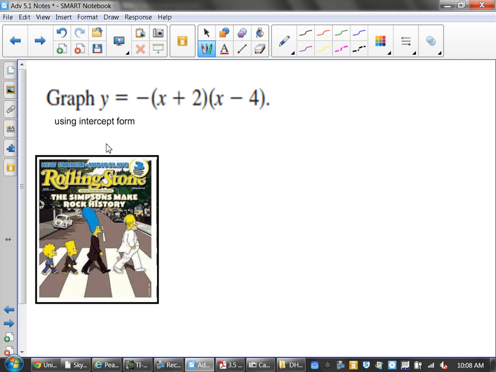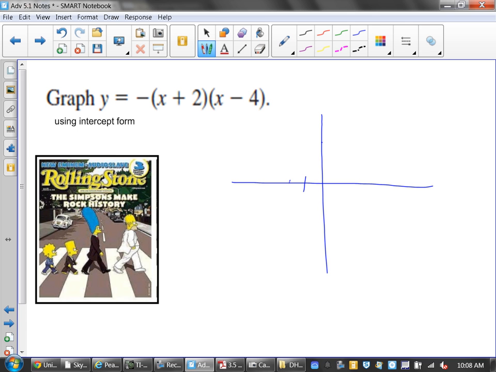In this case here, we have y equals negative 1 times the quantity x plus 2, x minus 4. Very similar. Because now, if I look at this, where are my zeros?